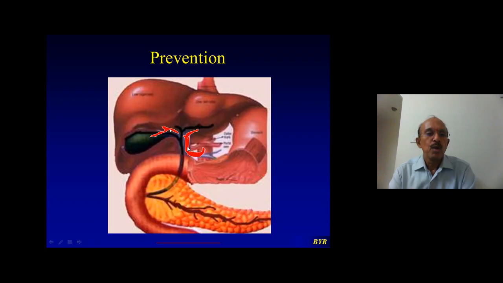This is called the warm ischemic time. So what is the warm ischemic time of the liver? Yes, it is 45 minutes. So you can keep the vessels clamped for 45 minutes.